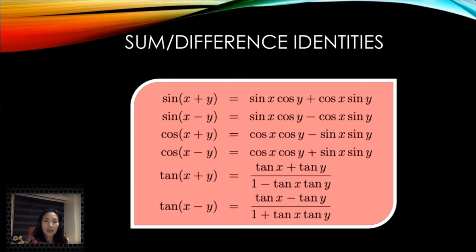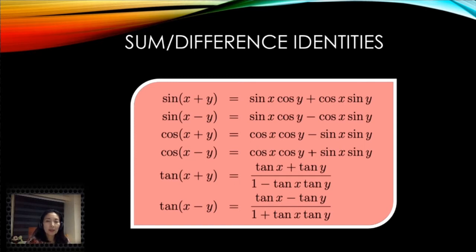Cosine of x plus y is equal to cosine x cosine y minus sine x sine y. For cosine of x minus y, it's equal to cosine x cosine y plus sine x sine y.